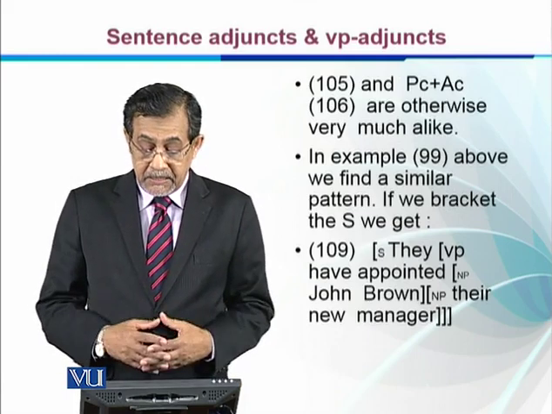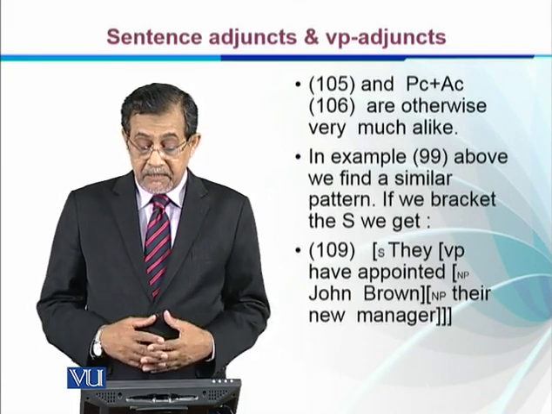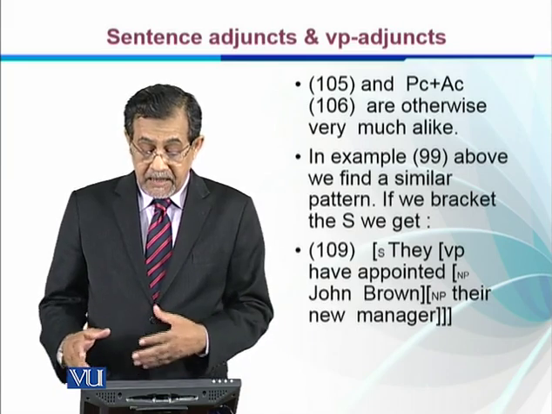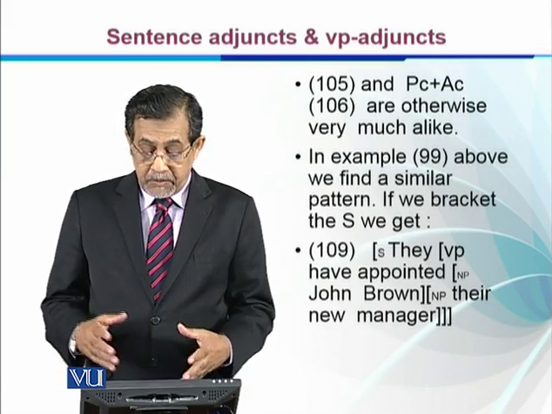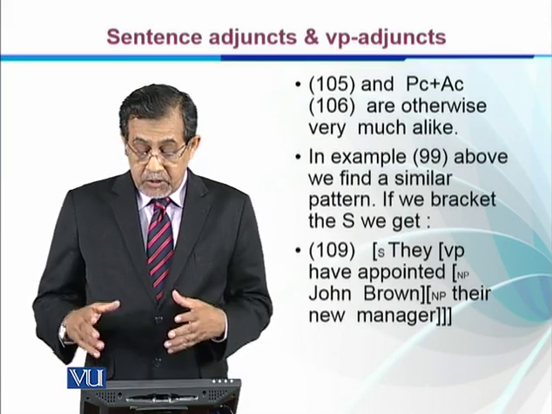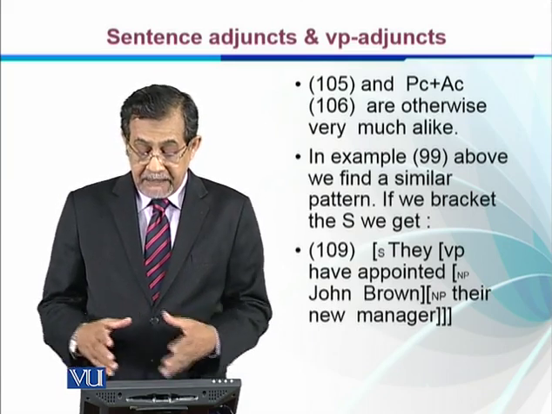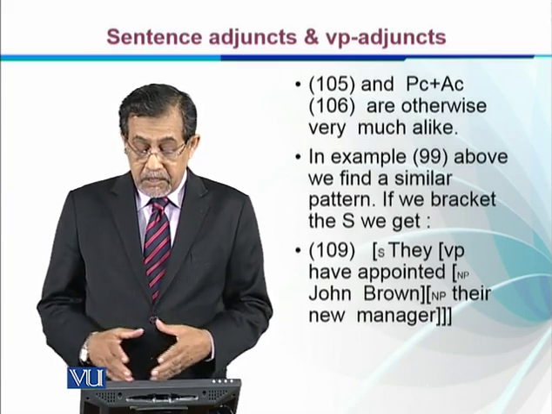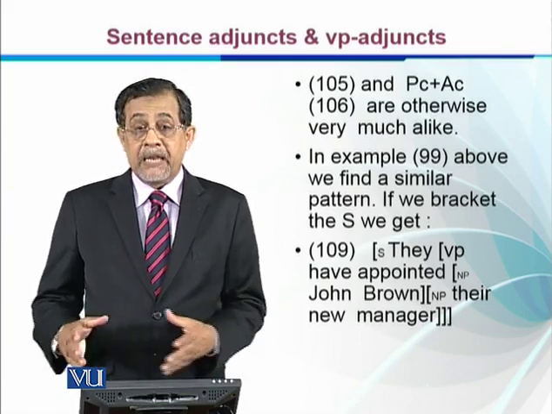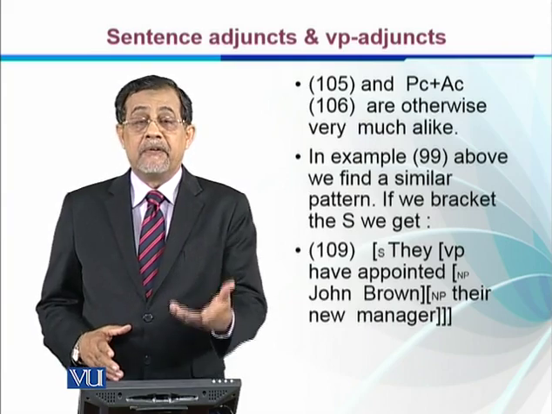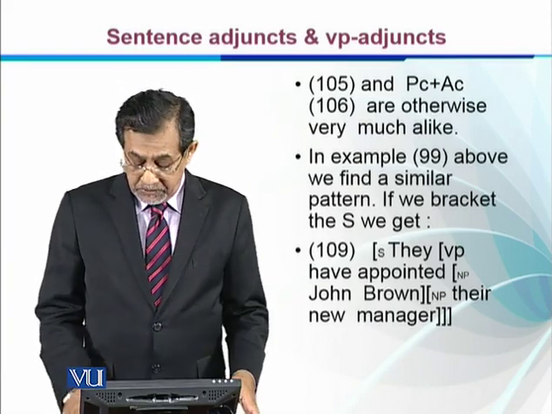In example 99 above, we find a similar pattern. If we bracket, "They have appointed John Brown their new manager." Similarly, we find that if we say "They have appointed John Brown", "their new manager" can be omitted like in "painted the house".